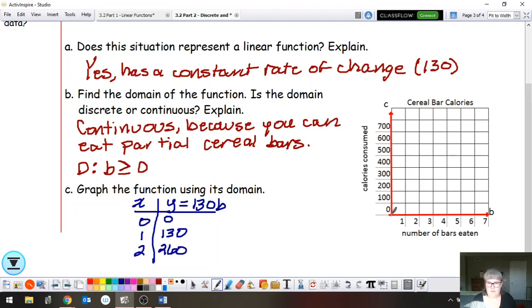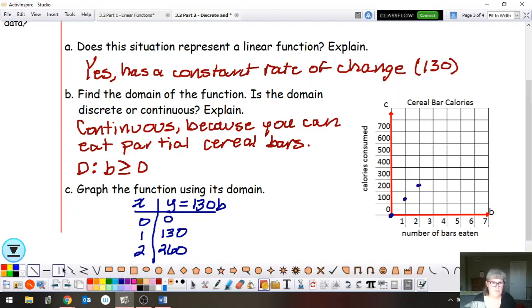And let's plot those points. So 0, and then at 1, we're at 130, and then at 2, we're at 260. Because this is continuous, we are going to graph an arrow through them.